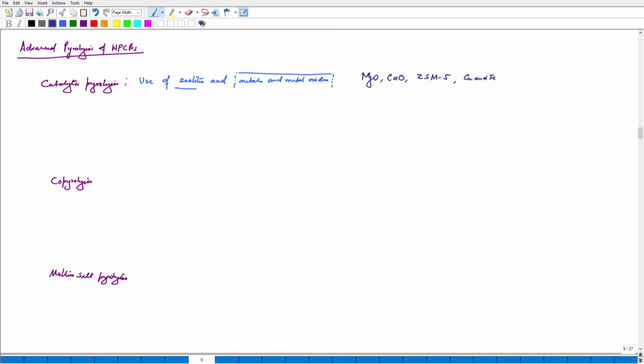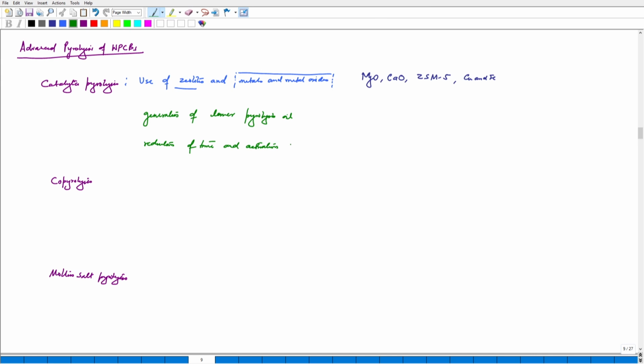And then what are the properties that we get? So, we have generation of lower pyrolysis oil. We have reduction of pyrolysis time and activation energy.